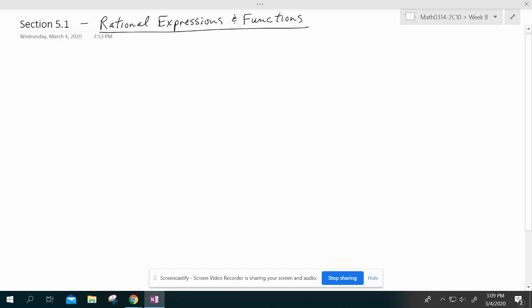Rational expressions and functions, page 298, okay? And it's kind of interesting, the title, the way they have it written, what they mention first is what we're going to do last. So we're actually going to talk about rational functions first, and then rational expressions. Starting with number 7, and they give us a function.